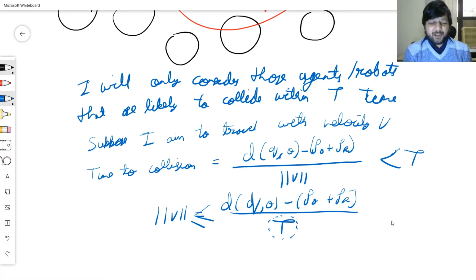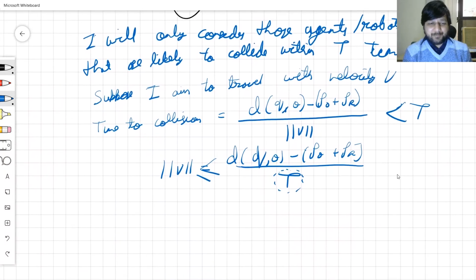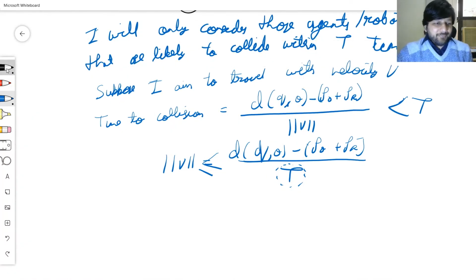And now therefore my velocity obstacle becomes an easy definition.